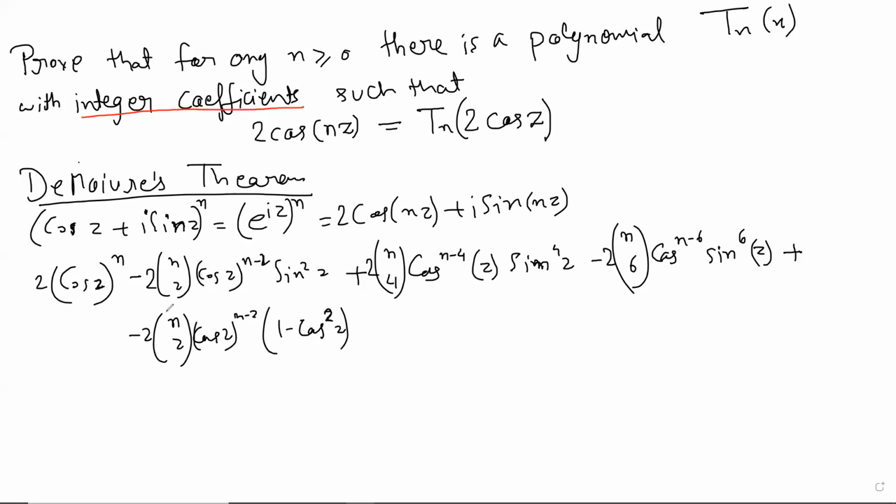So you'll have cos z to the power n, and from here you will get, not all of them, but n choose 2, n choose 4, n choose 6, and so on. Yeah, and that will take care of this. But it will get messy to explain, right? That is the thing for later.